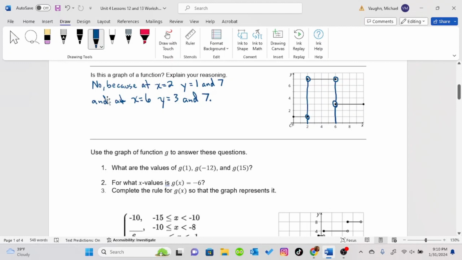If you have more than one output for each input, it is not a function.